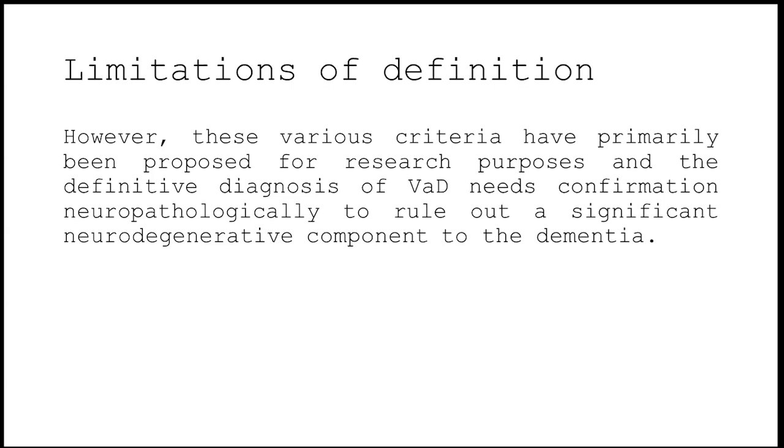Even the spectrum of clinical presentation is heterogeneous, varied, in time of onset. So it's difficult to define vascular dementia as one disease entity. More appropriately, it should be labeled as a spectrum from mild cognitive impairment with an underlying vascular pathology to advanced manifestations of cognitive decline.